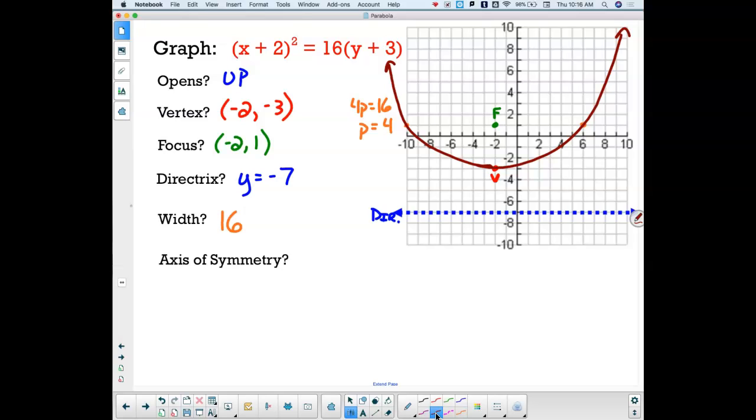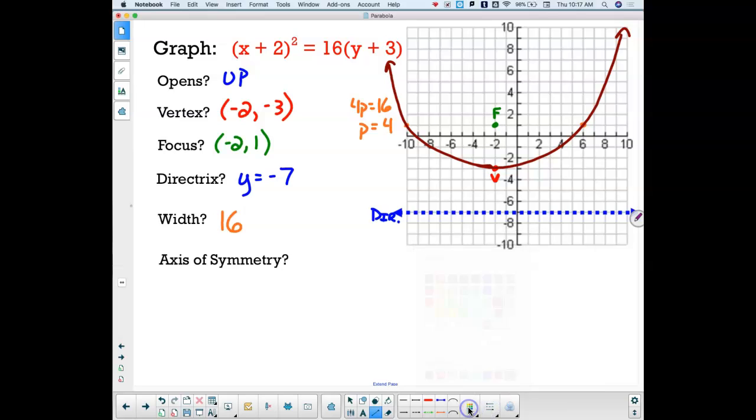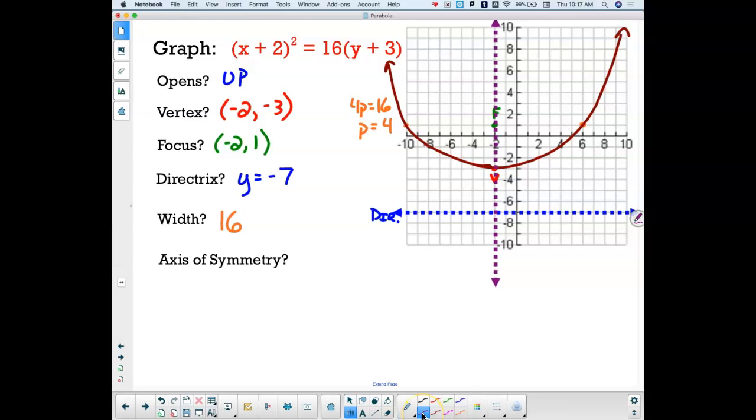Axis of symmetry we said was going to be purple. That is the line x equals -2.